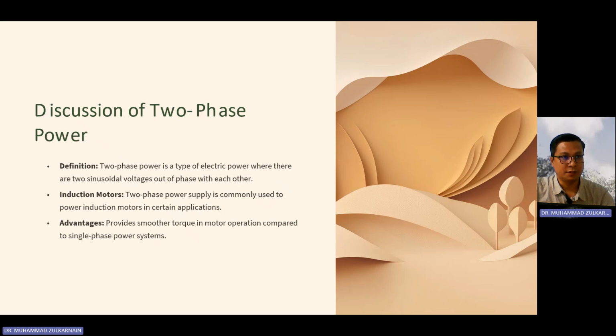They have north and south for the poles, but in the stator they have four windings for induction, to create the two phases of the induction.